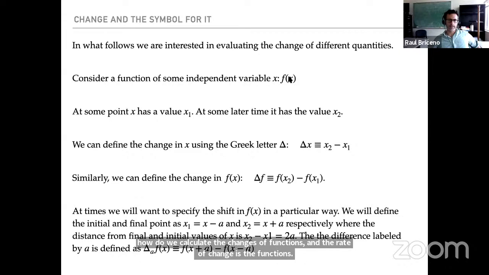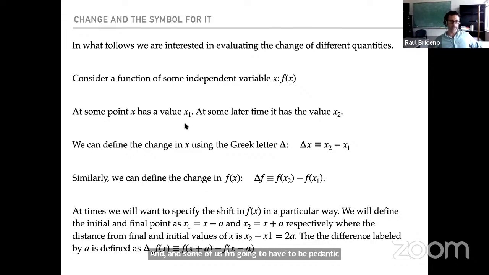So here, let's consider a function f, and it depends on some independent variable x, okay? Some of this I'm going to have to be pedantically slow, but we'll pick up, don't worry. Let's say that at some point, given some value x1, this function has some value, and then x will be changed to x2, right?